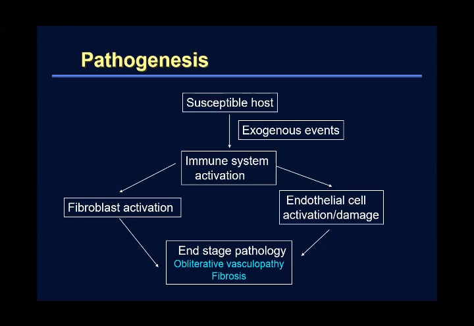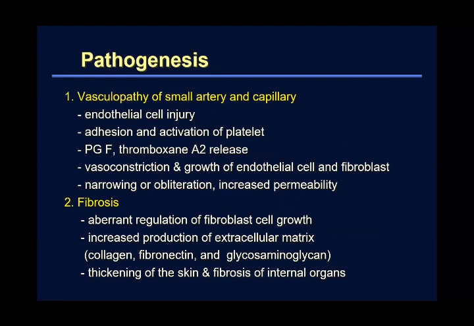So vasculopathy, as I told you, is a very important part of the pathogenesis, involving the small arteries and the capillaries. There is endothelial cell injury, adhesion and activation of the platelets, release of thromboxane A2, vasoconstriction, and growth of endothelial cells and fibroblasts, leading to narrowing, obliteration, and decreased permeability.